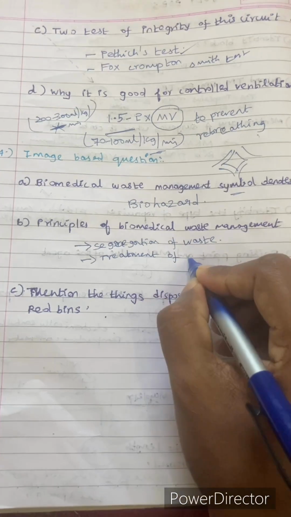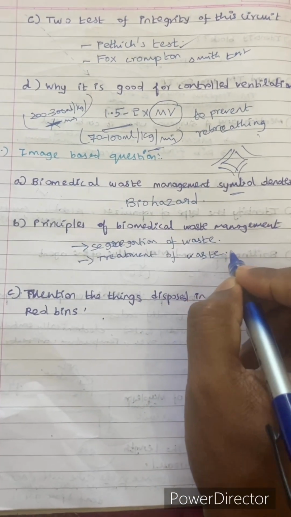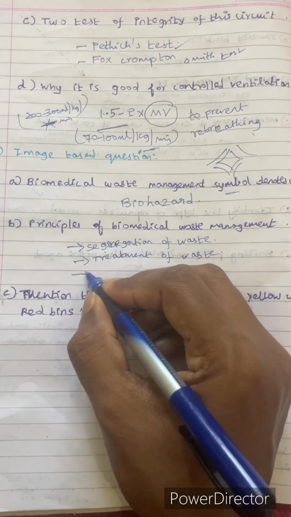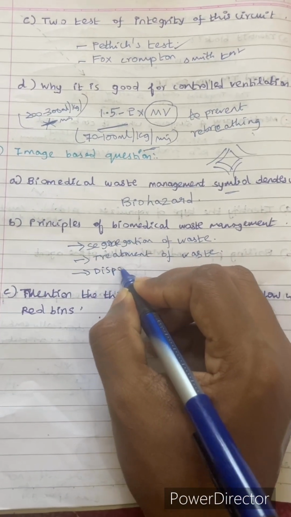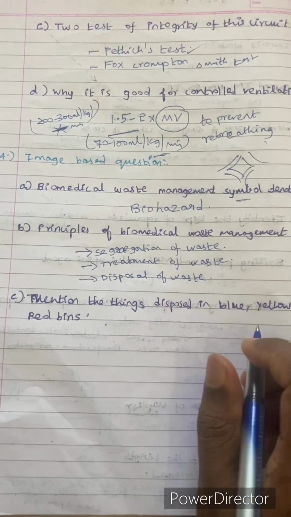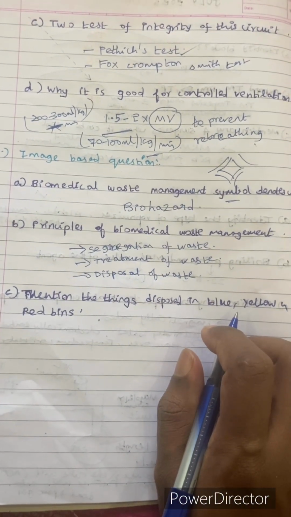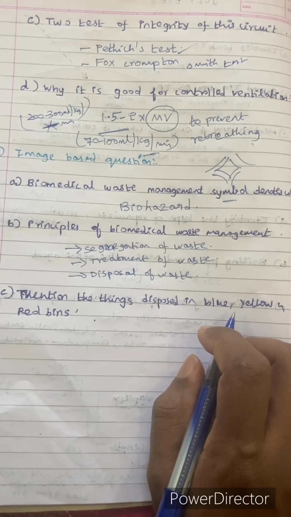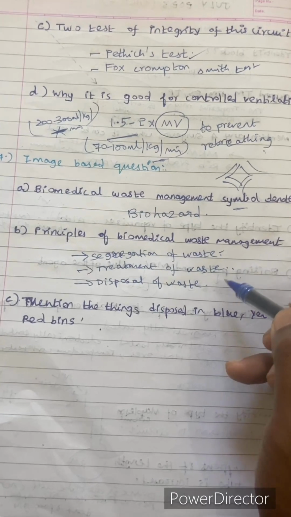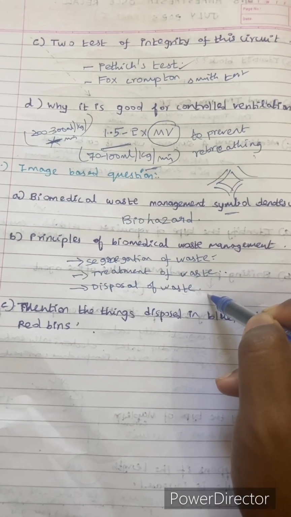Either by autoclaving or by incineration, or whichever procedure we need. Next, followed by which you have to dispose the waste, either in a secure landfill or by deep burial, whichever procedure can be followed. So first, segregate the waste, then treat the waste, and then dispose the waste appropriately. These are the main principles of biomedical waste management.